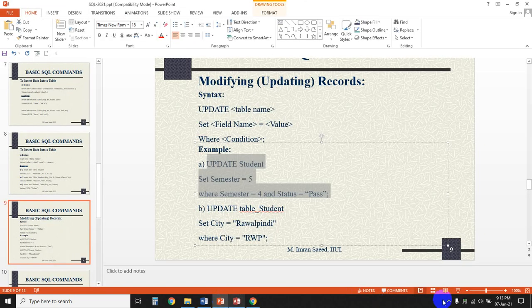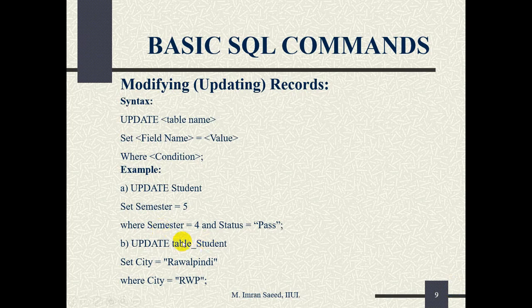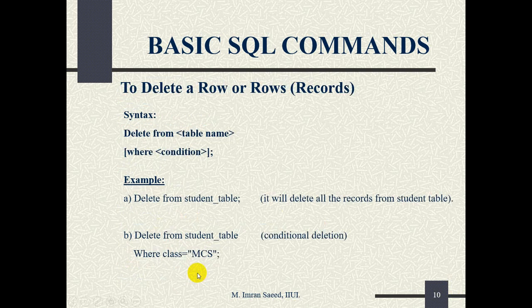So now check, update table student. Okay, that has been done. To delete a row or rows or records, we write down what? Delete from table name, and here we have an optional criteria, that is the where clause. So where and a condition.